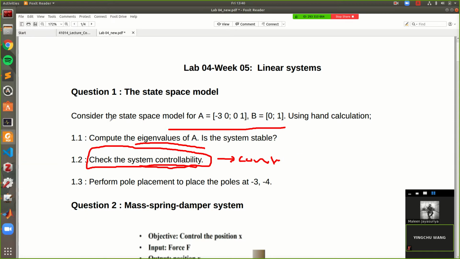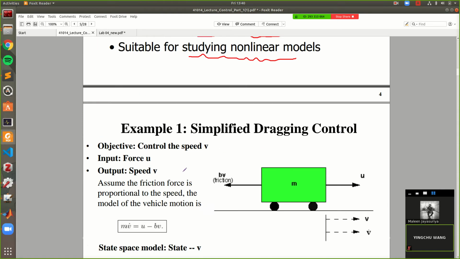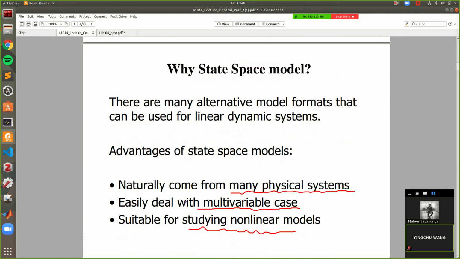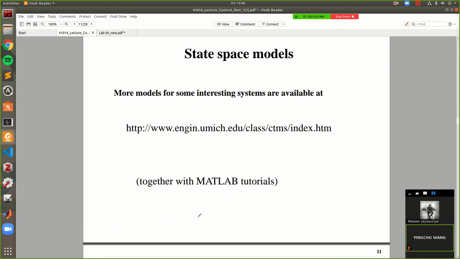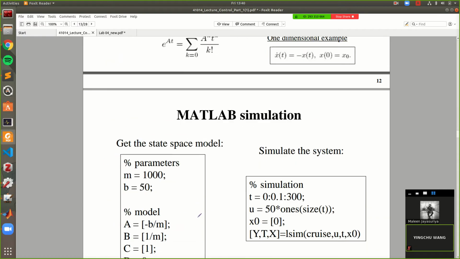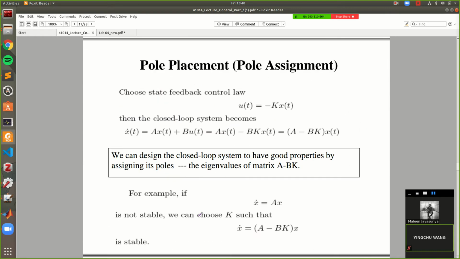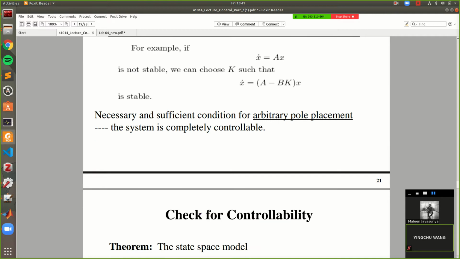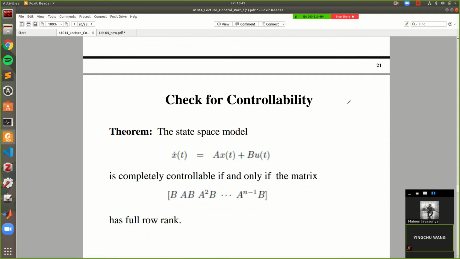If you open the PDF notes, on page 20 it says how to check for controllability.